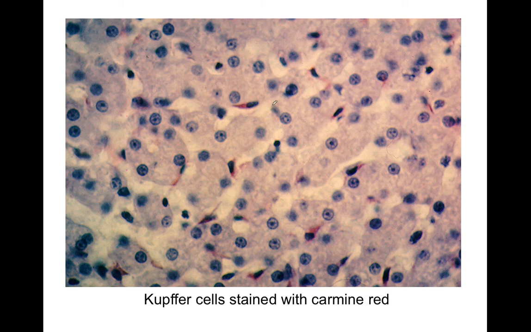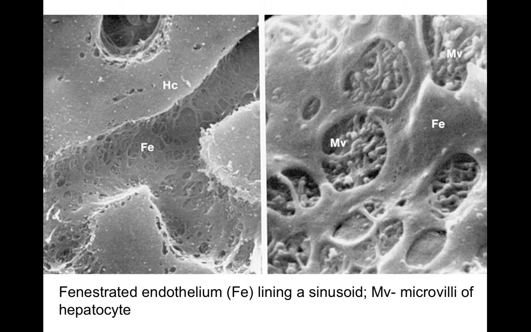If we use a special stain, we can stain these cells with carmine red. This is a special stain, and you can see all of these cells here. These cells are the Kupffer cells. As I said, they're found between the endothelial cells or sometimes inside the sinusoid.